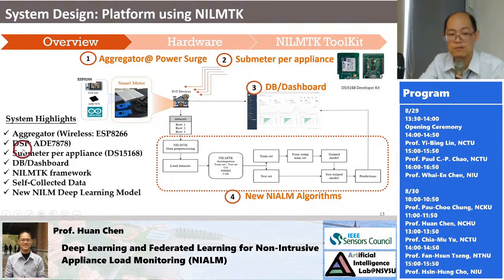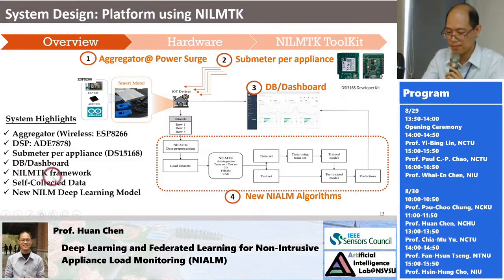And we also have the DSP module called ADE7878. This is a very good three-phase measurement IC. It has high accuracy, and it has three phases. Then we have the submeter per appliance.